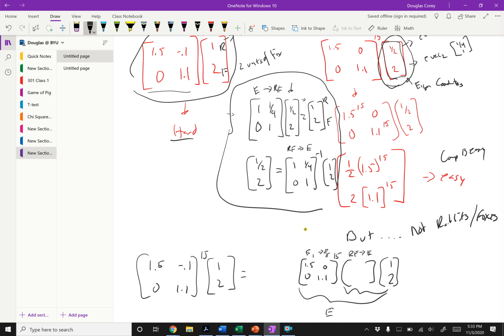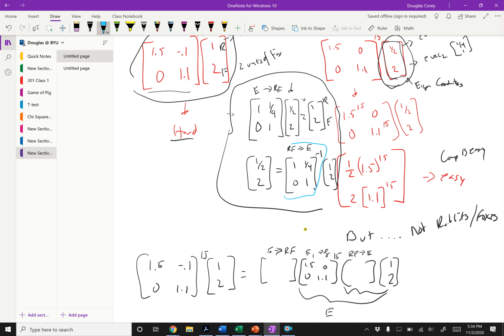We want rabbit and fox coordinates. So what I want at the end is a 2 by 2 matrix that'll take my eigens back to rabbits and foxes. And the things that we need are up here.